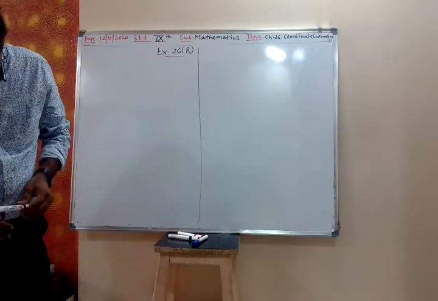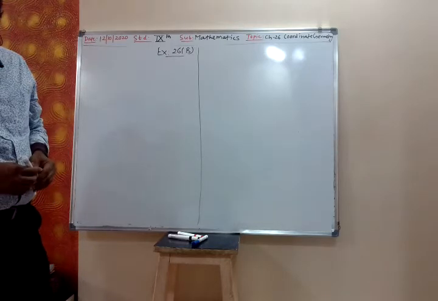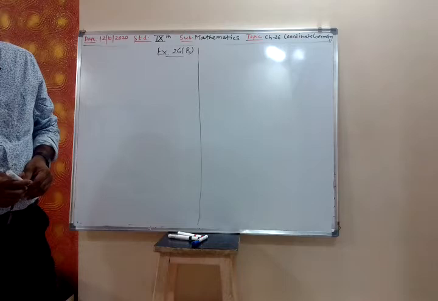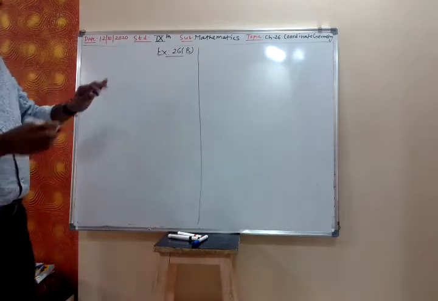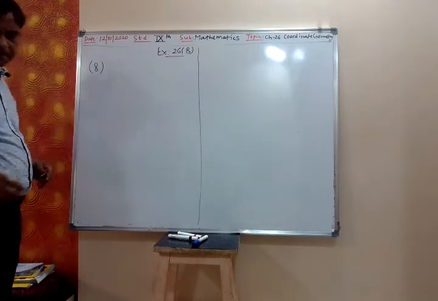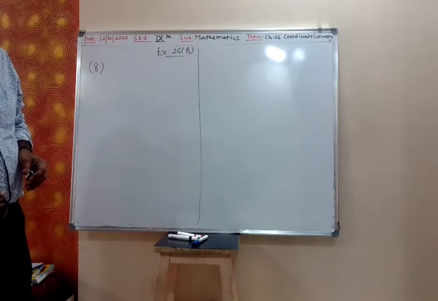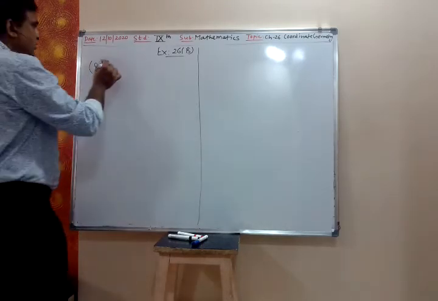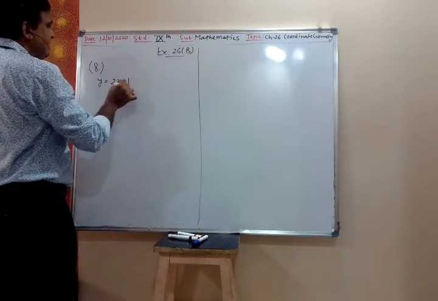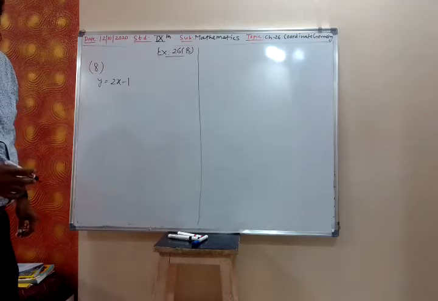7th, 8th, 9th, 10th. Let me do the 8th one. 7 will be homework because that is easy. On the same graph paper, plot the graph of the equation y is equal to 2x minus 1. This line we have to plot on the graph paper. Then the line y is equal to 2x.